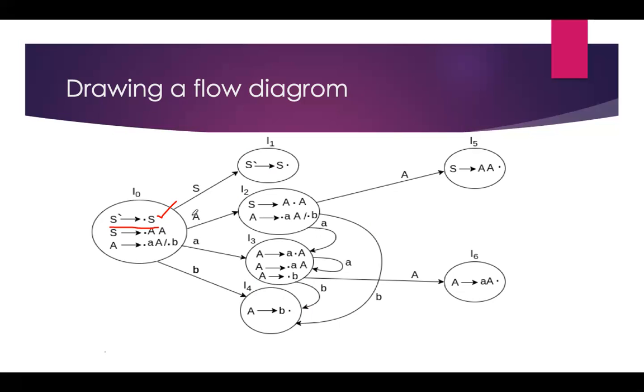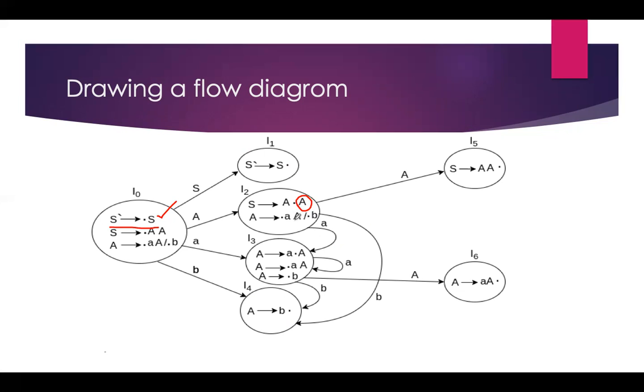I'm expanding with A, so the dot will move here: A dot A. Here again, one thing we need to observe: after the dot, again a non-terminal appears, so we need to include all the rules of A. So what are the rules of A? A tends to AA and A tends to B. Here we will put one dot before the start, that is dot AA, and here also I put one dot, dot B.